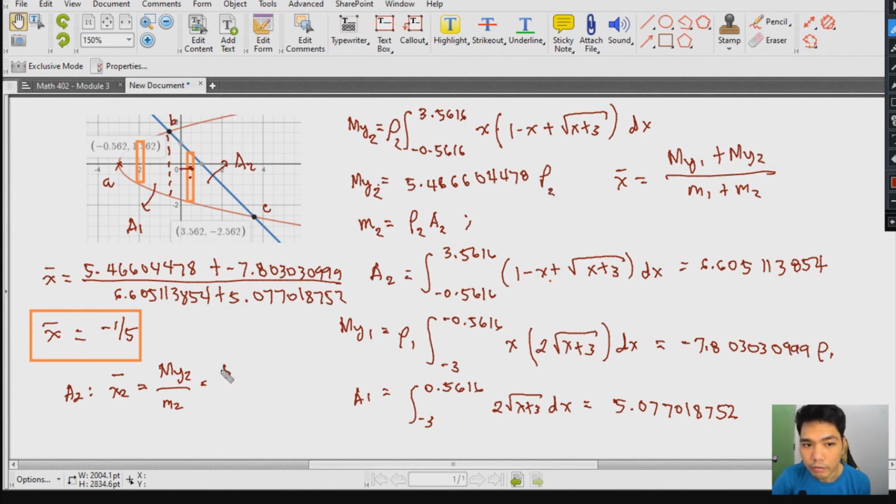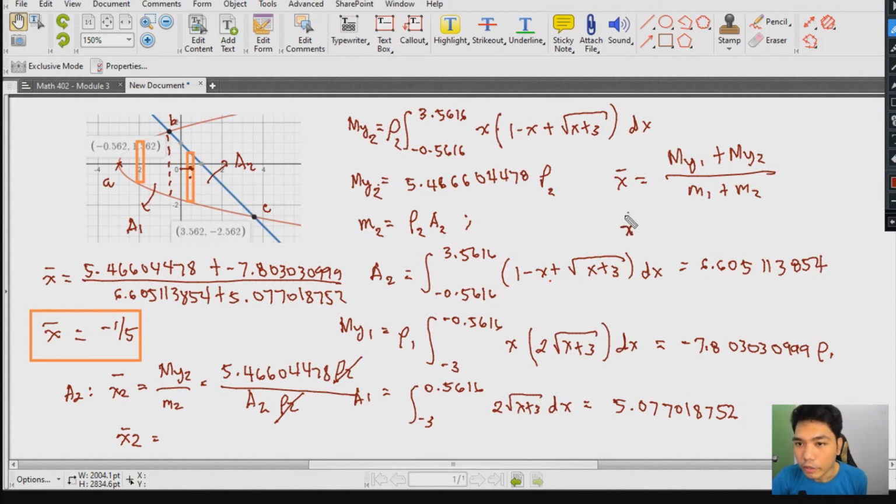So it's like 5.466044478 density 2 divided by area 2 and then density 2, which cancels out density 2, which divides you with the area. So therefore, you can determine yung x sub bar 2, which is simply the quotient of 5.466044478 divided by this area 2, that's 6.6051184, which gives you the centroid of this area, and that makes a perfect sense.